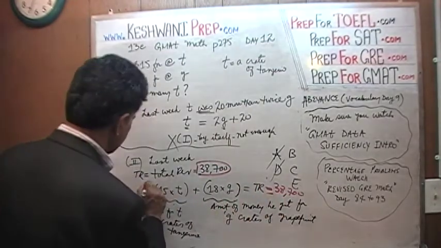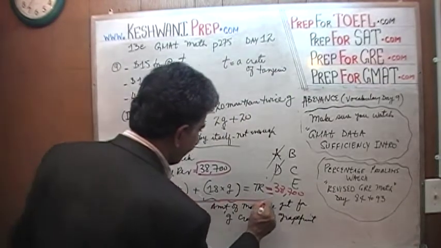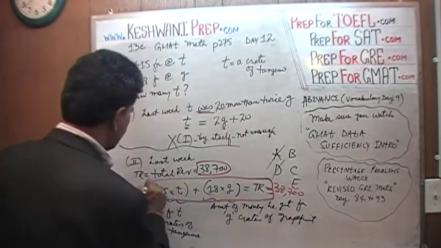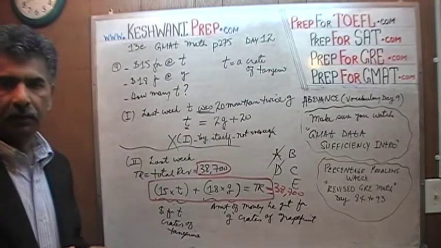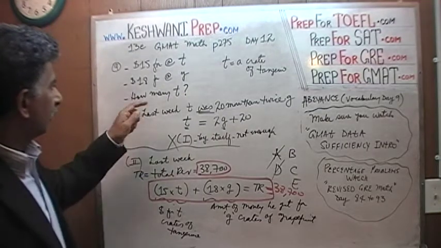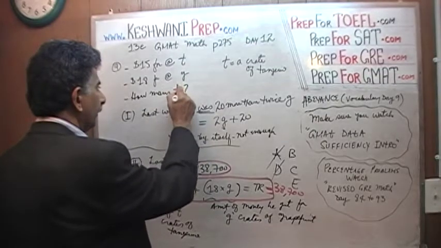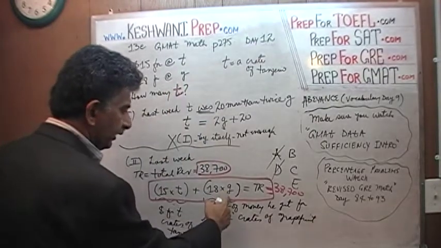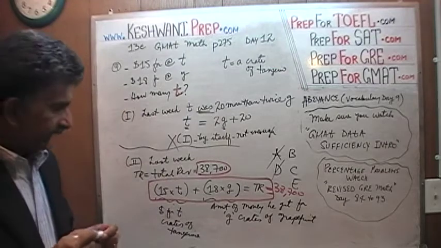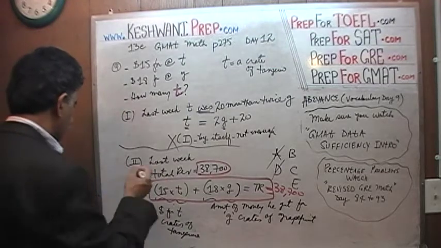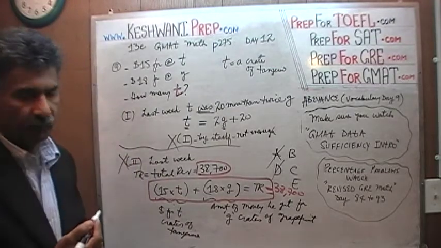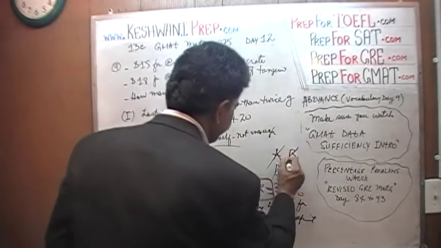Here's our equation, but it doesn't do us any good because there are 2 unknowns. We cannot solve this equation for T because we do not know the value of G. The second statement by itself is also no good, which means the answer cannot be B.